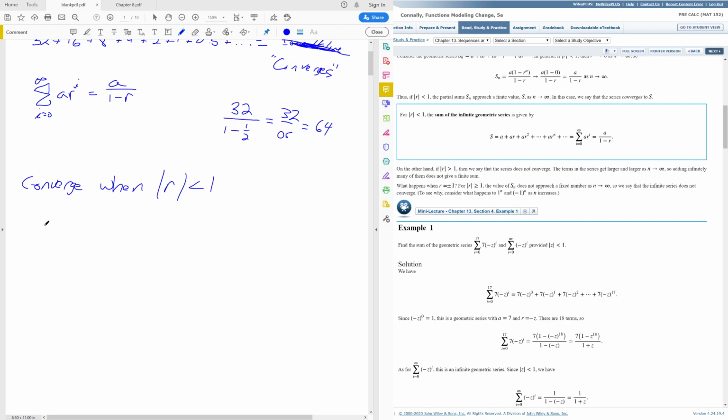Or in other words, when we have exponential decay. Because then we're adding that smaller and smaller value on as we get the term number off to infinity.